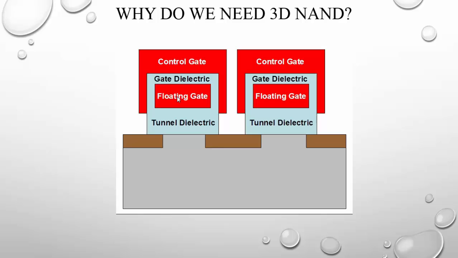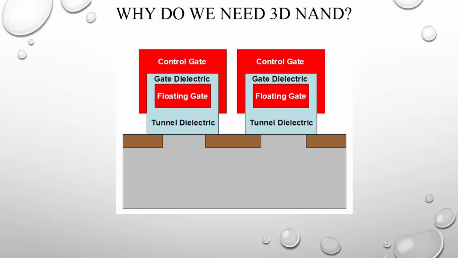The technology progressed since the constant shrink caused undesirable capacitive coupling between the floating gates and adjacent cells, right here, floating gate and adjacent cell, which reduces the desirable coupling between the control gates and the floating gates. The CTF was developed to solve this problem, but CTF cells can only be shrunk to about 20 nanometers, since the capping material limits how closely floating gates can be placed to one another.